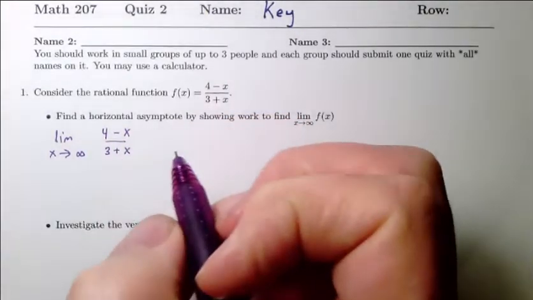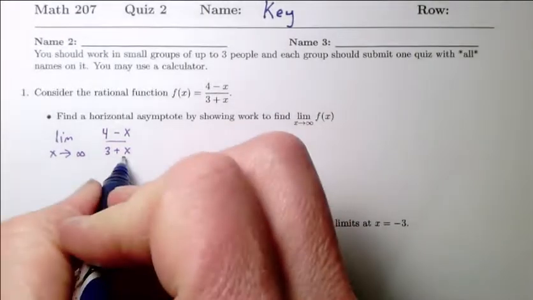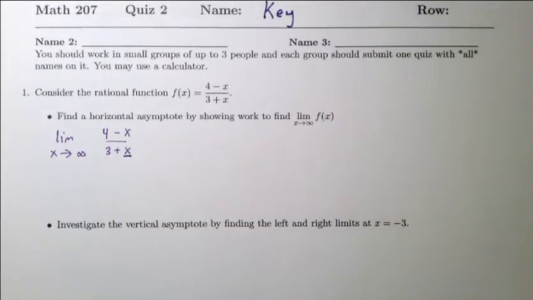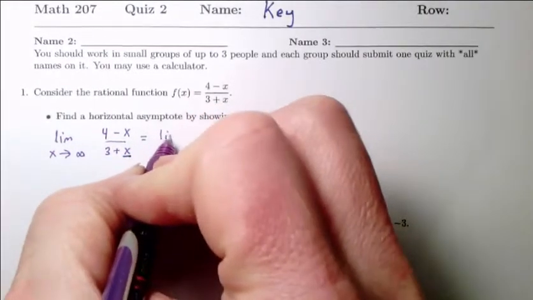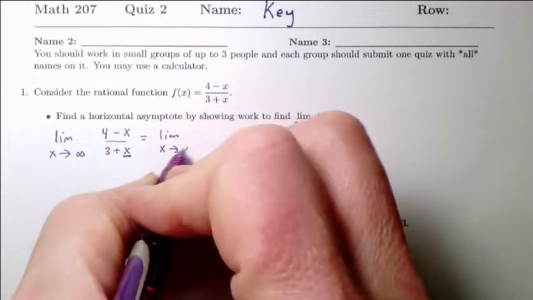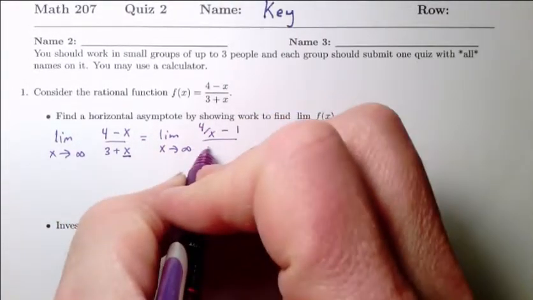To do that, we divide through by the highest power term in the denominator. In this case, that's the x right here. X over x is 1.